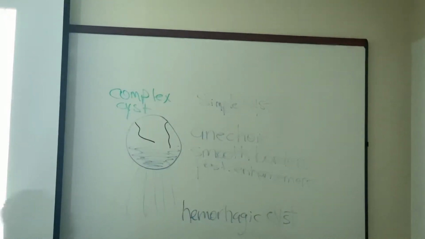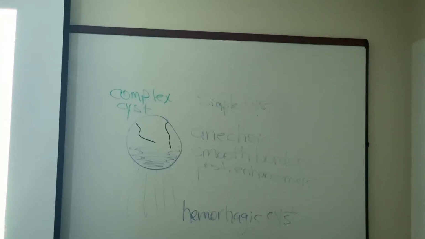Yes. At the beginning, it wasn't complex. It's homogeneous, like the very first one that I drew, the simple cyst. No, this one, the hemorrhagic cyst, is homogeneous, and simple. It's all the same. It's still considered a complex cyst, but we describe it as a hemorrhagic cyst.